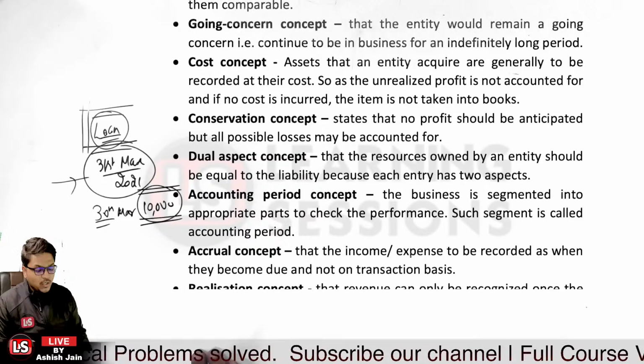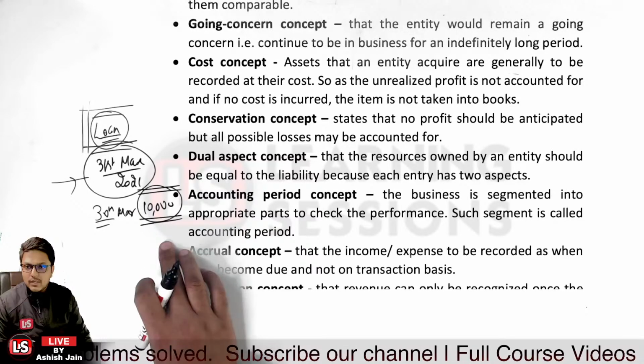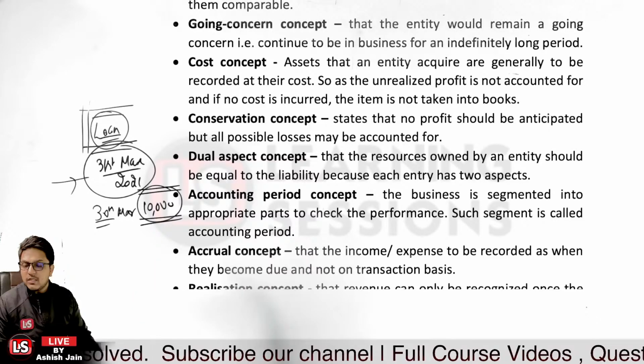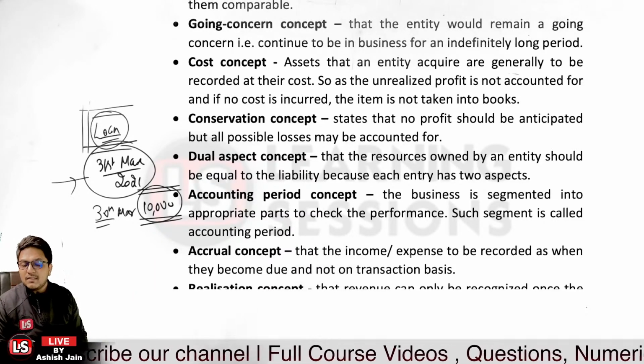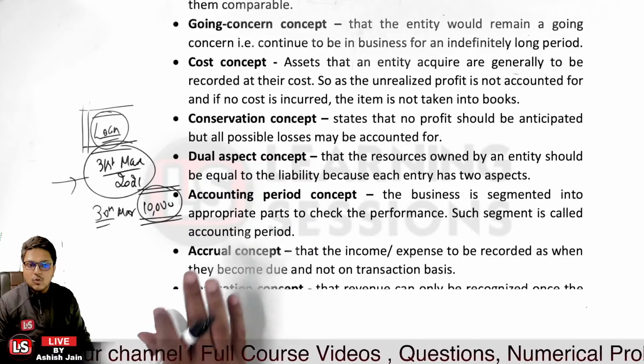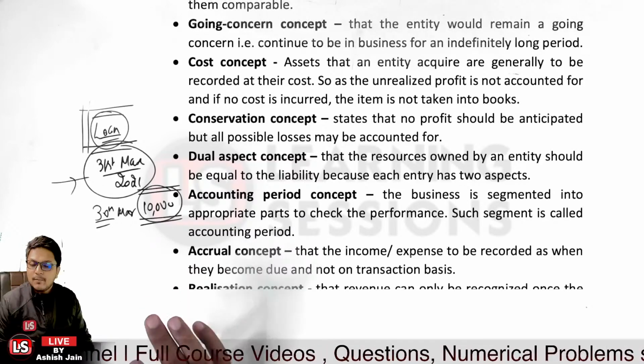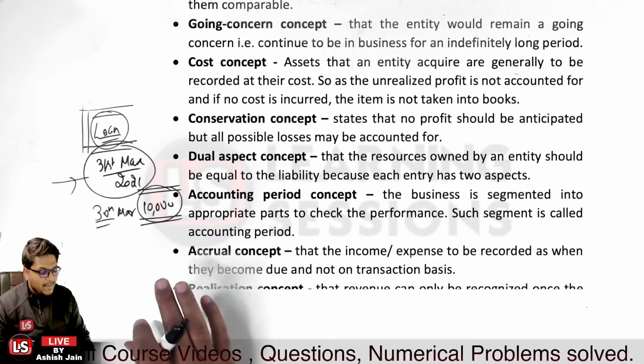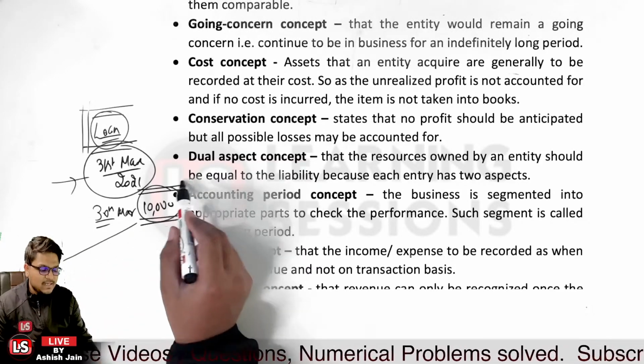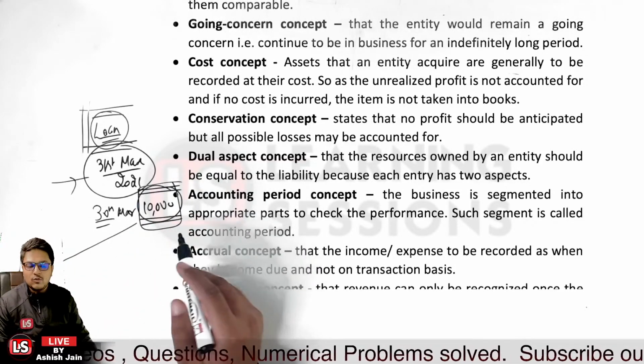It was accumulated again and again over the period, but the interest never became due till 30th of March. In that case, the bank has no right to receive this 10,000 amount.